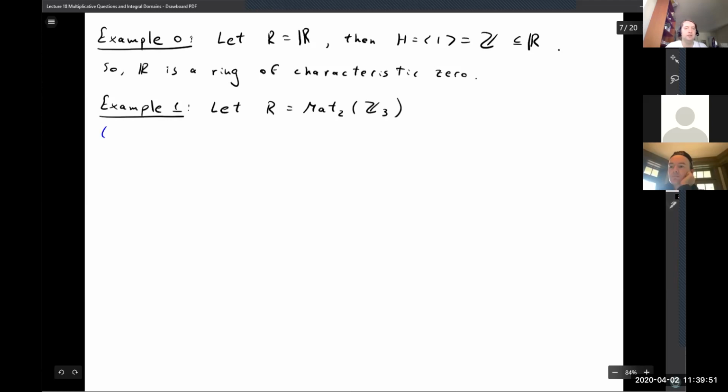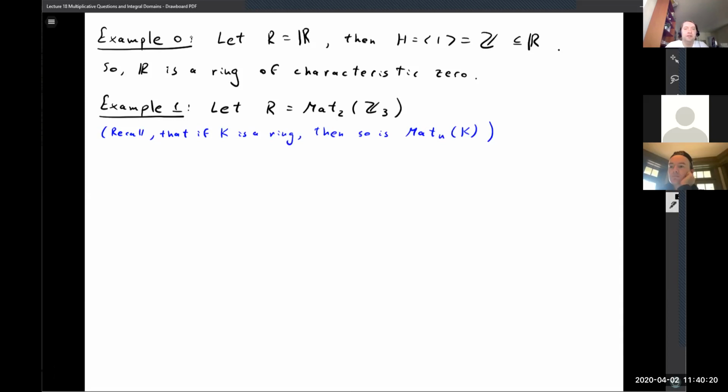Recall that if K is a ring, then so is the ring of n by n matrices with entries in K. Okay, so this is the ring. The elements of this ring are 2 by 2 matrices where the entries are elements of Z3.